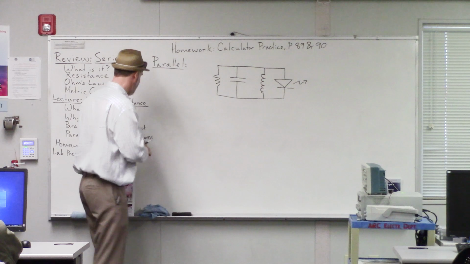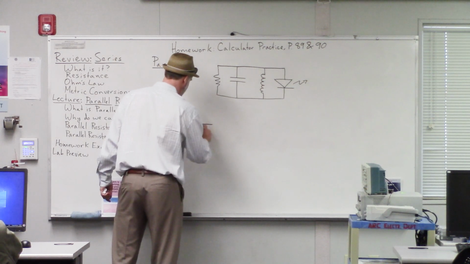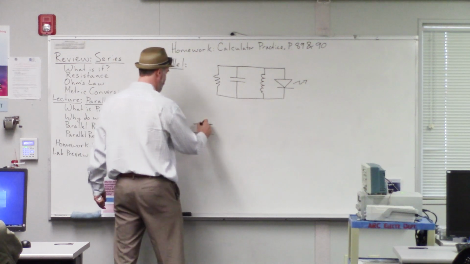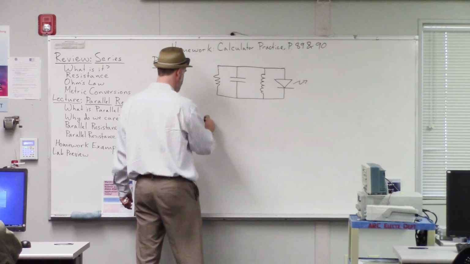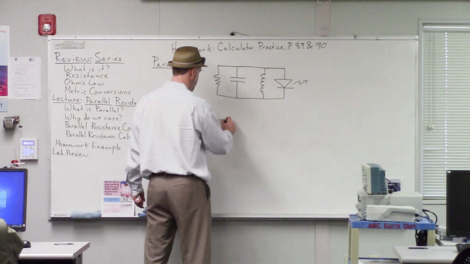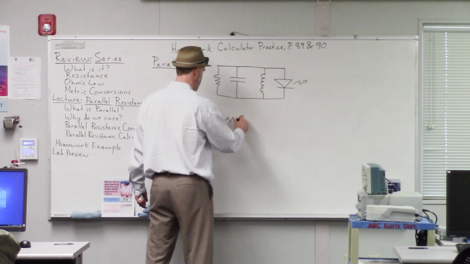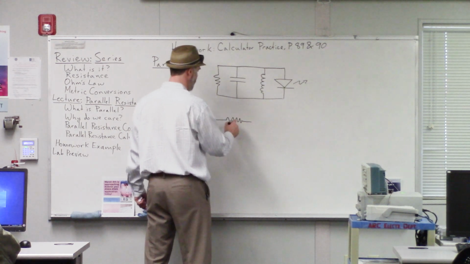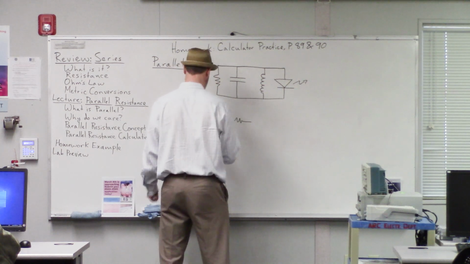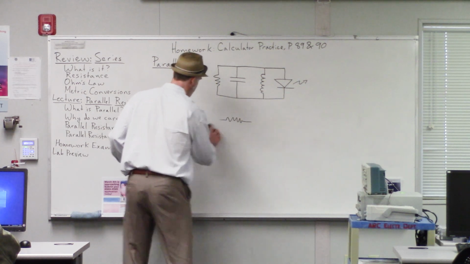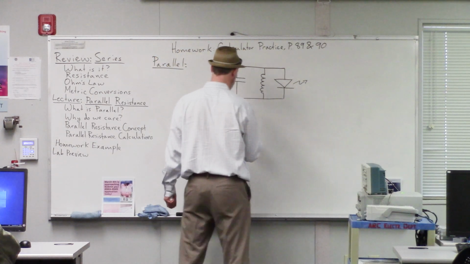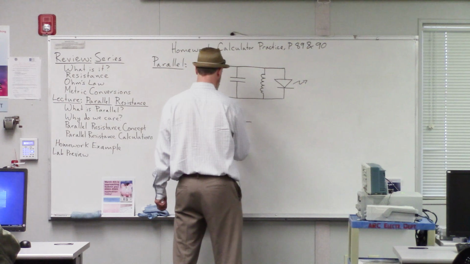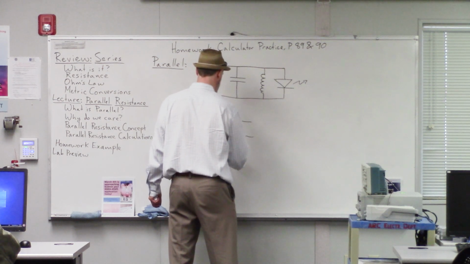Okay. All right. So we got our power supply here. And let's say that we have a component here, and then actually, let's not have the power supply yet. We'll have a resistor there, and then a resistor there, and a resistor there.